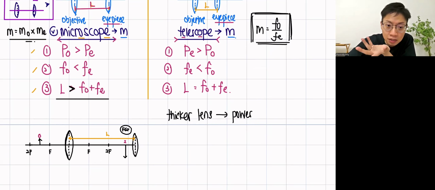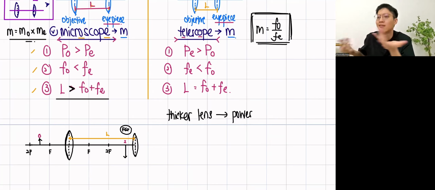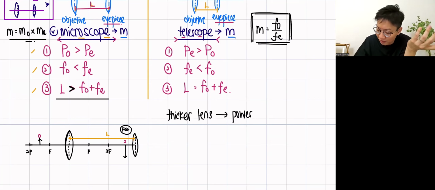Power means, you know, if you wear specs, right, specs have a power. So if you see your friend's specs are very high, it means high power. If you don't know what power means, you ask your mom what is a spec's power. So thicker lens usually means higher power.